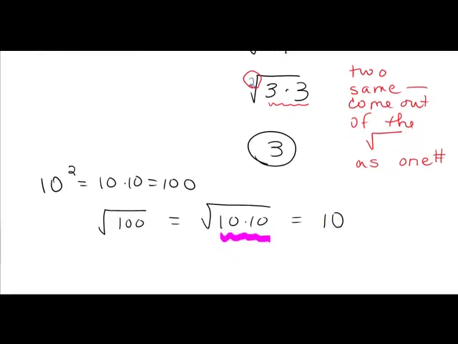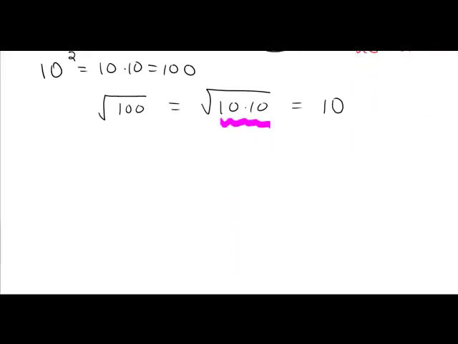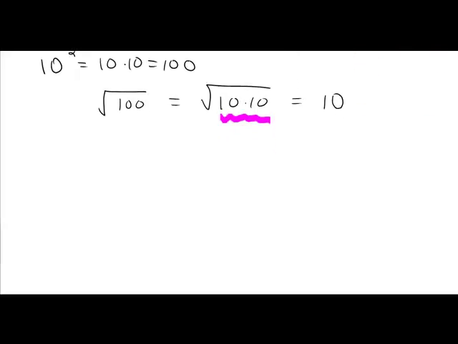Let's look at another example. We'll start with the square root of 169, and we want to simplify it. So when we're looking at these, you're going to have to think back on your doubles. You might even want to make a list of your squares.